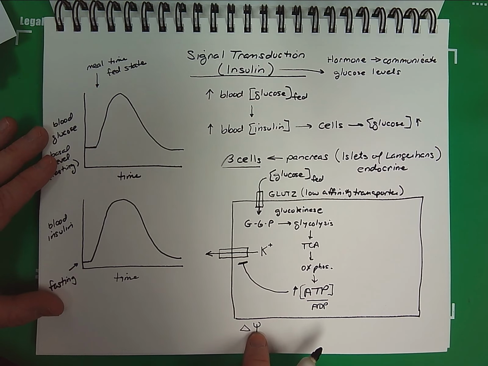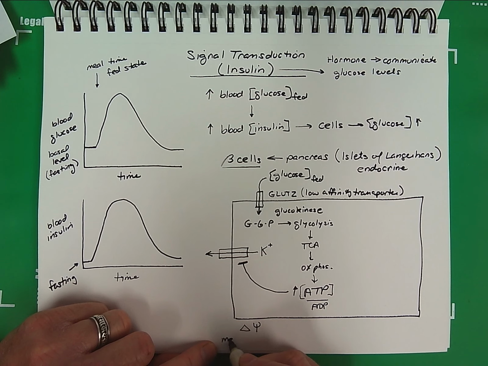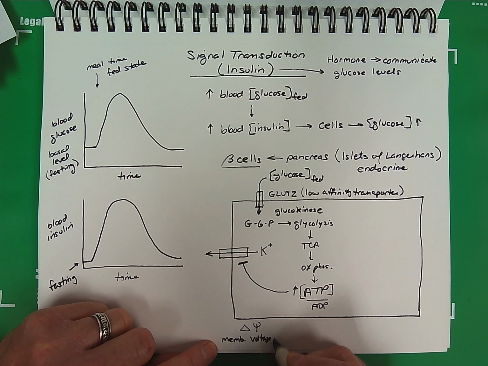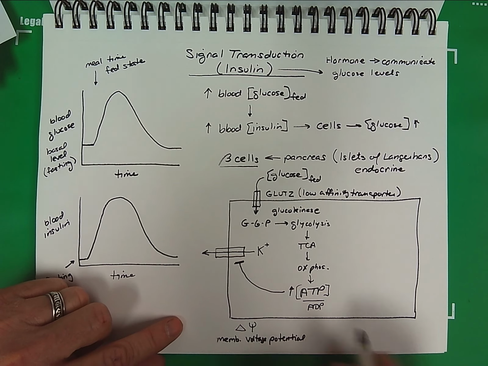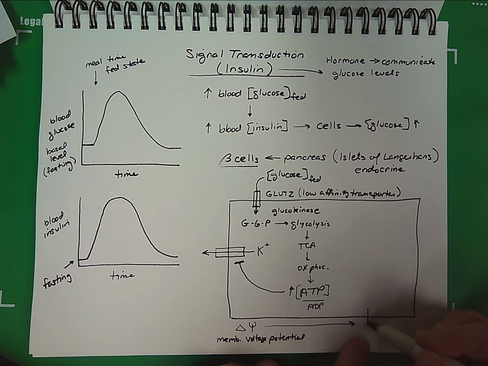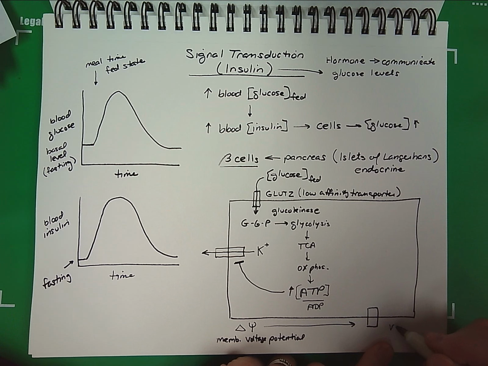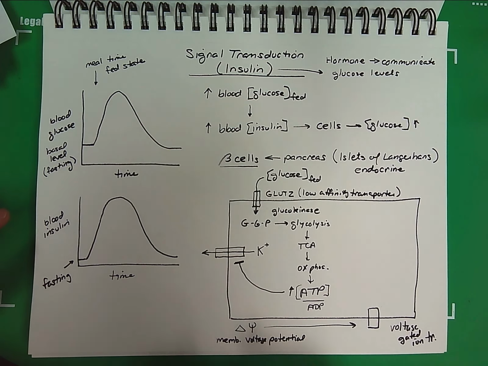There's going to be a change in the membrane voltage potential. This change in membrane potential is going to affect another transporter. This transporter is called a voltage-gated ion transporter.